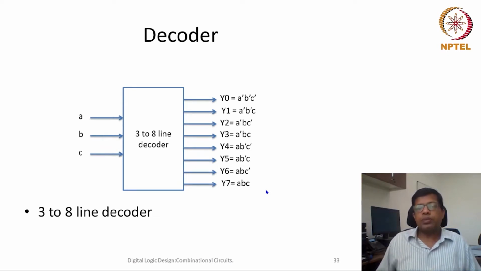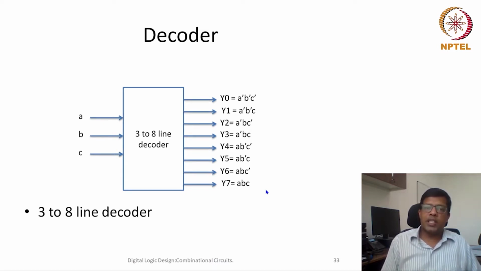Because decoder is quite a common term, to make things more narrow, we call it an n to 2 to the power n line decoder. That means there would be n signals at the input and 2 to the power n signals at the output, each of width 1.